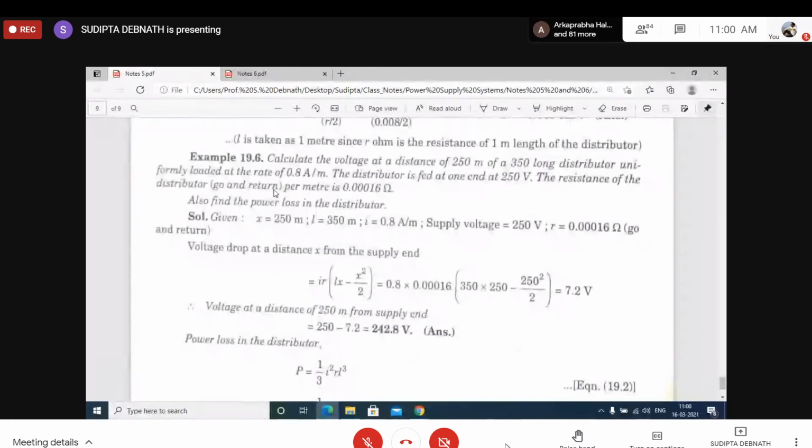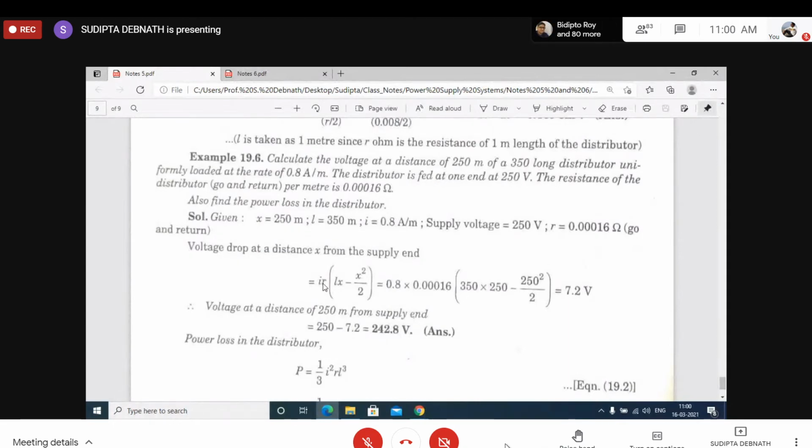So this R, you have to remember, in place of R you have to use the resistance of both the wires, not a single wire. Though it is given here as go and return, if it were given as the resistance of a single conductor, then you should have multiplied it by 2 and substituted that value in place of R.